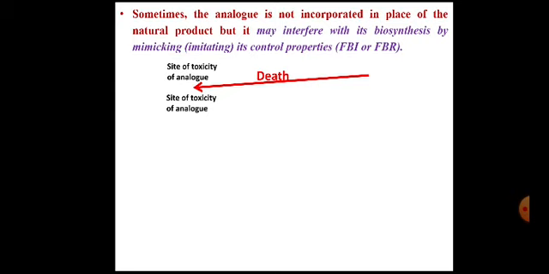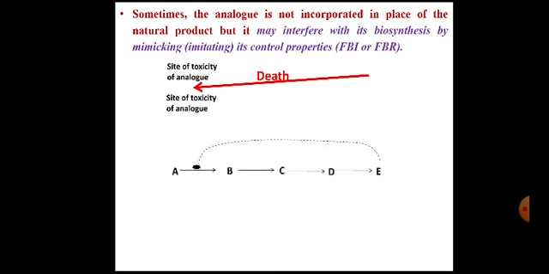By mistake, the second box has to be: the first box is the site of toxicity of the analog, and the second box is the site of control by the normal control metabolite. That is very important, and only if these two sites are the same is there a possibility of overproduction of the end product of an unbranched pathway.